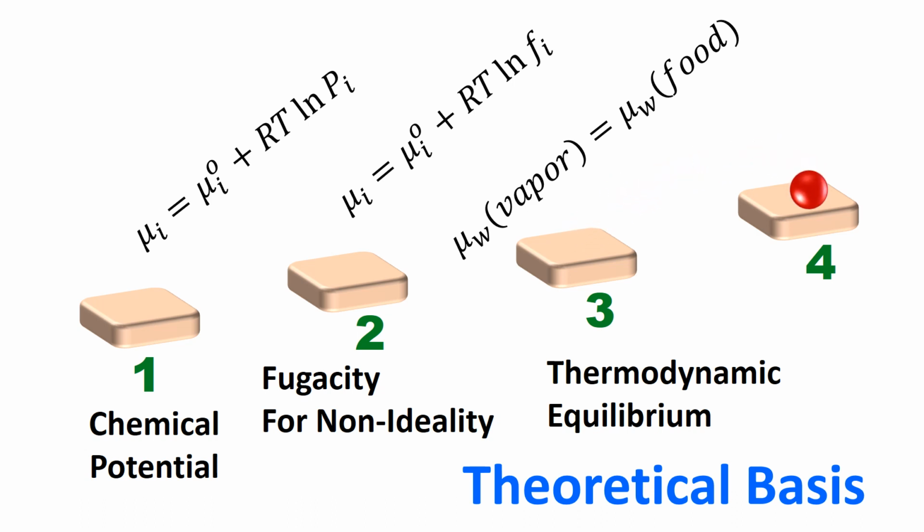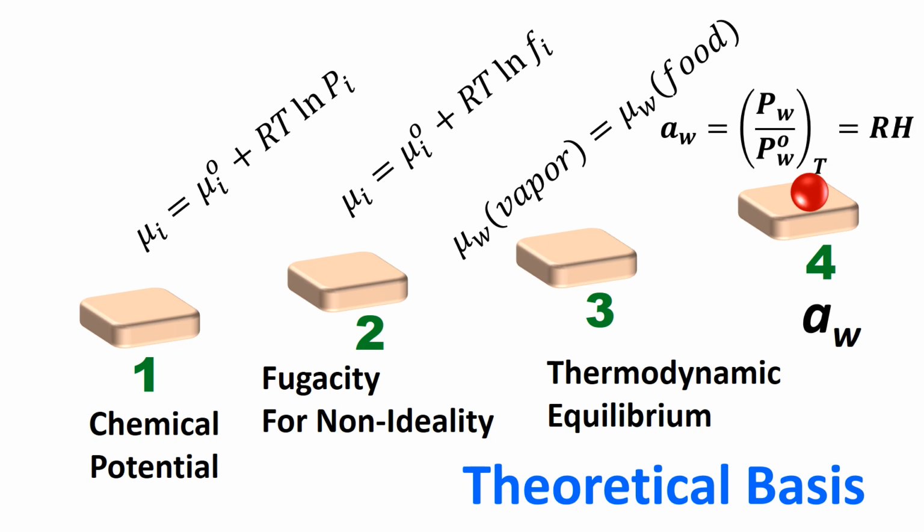Solving these equations, we can define water activity as aw equal to Pw divided by Pw naught at constant temperature. Therefore, water activity is the ratio of vapor pressure of water in food and vapor pressure of pure water at constant temperature. In addition, water activity is equal to the equilibrium relative humidity of the surrounding air.